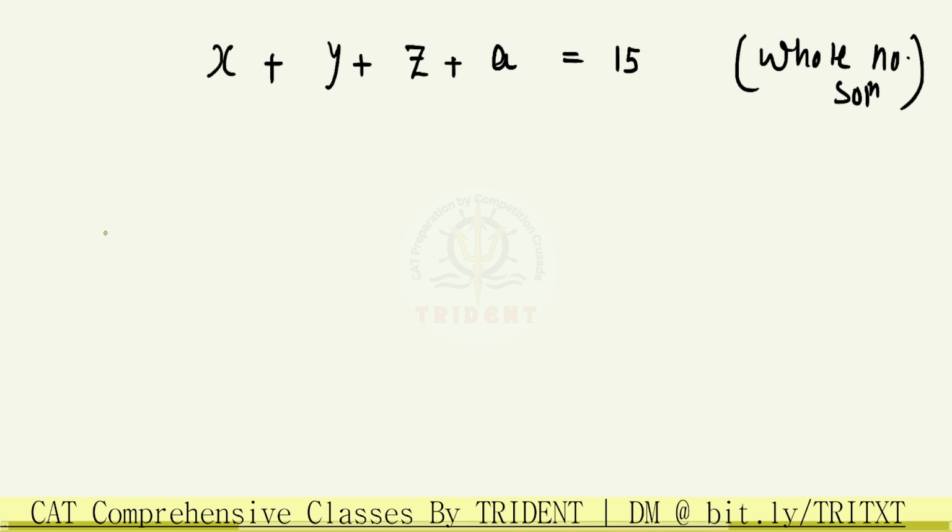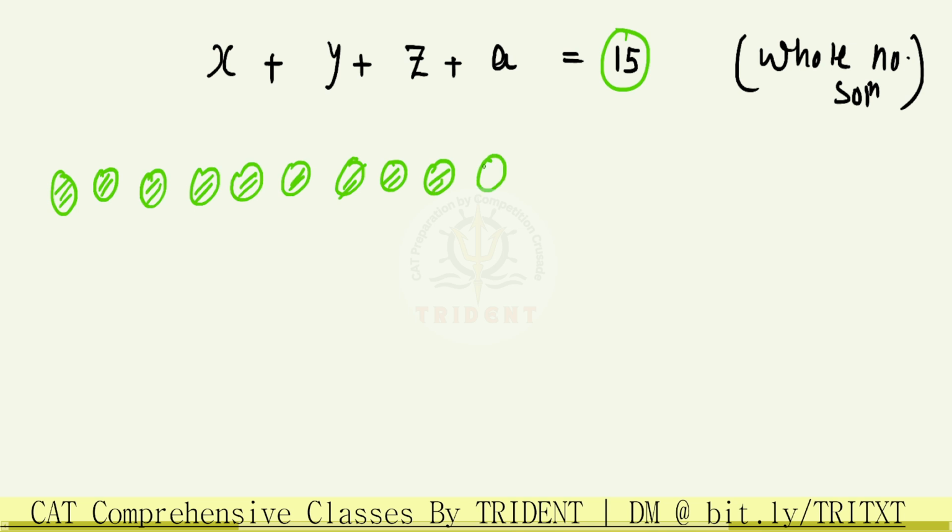So let's say the 15 chocolates, let me try to make you visualize the 15 chocolates. Okay, so let's say this is the 1, 2, 3, and up to 15 chocolates. So these are all identical chocolates.